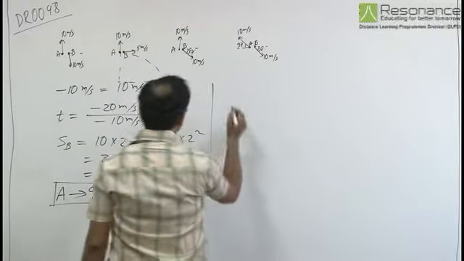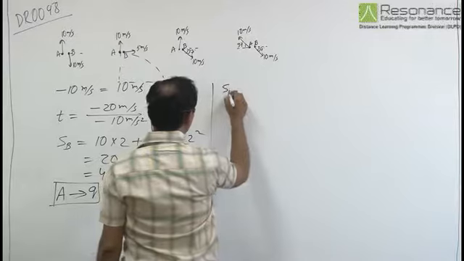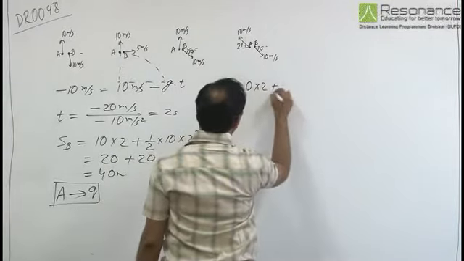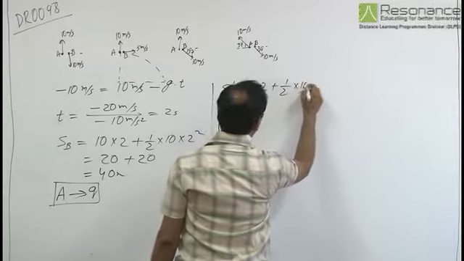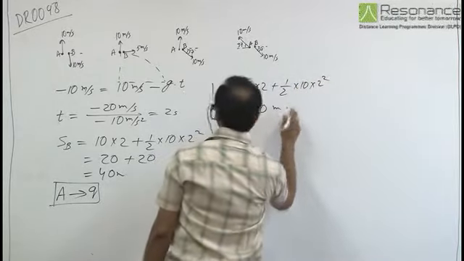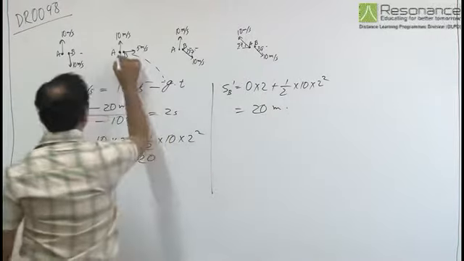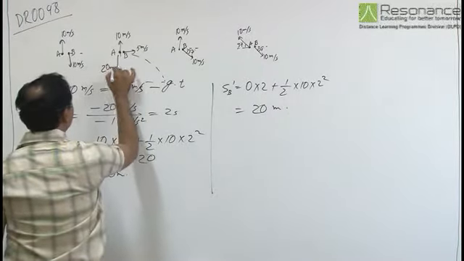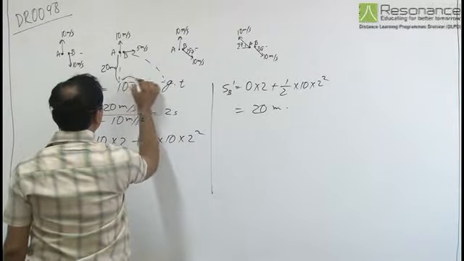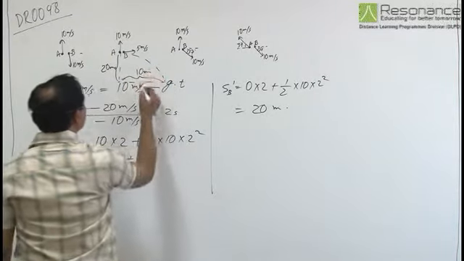So the downward distance traveled by B in the second situation, SB dash, is equal to 0 into 2 plus half into 10 into 2 square, that is equal to 20 meter. This is the vertical distance traveled, 20 meter, and the horizontal distance in 2 seconds is 10 meter.